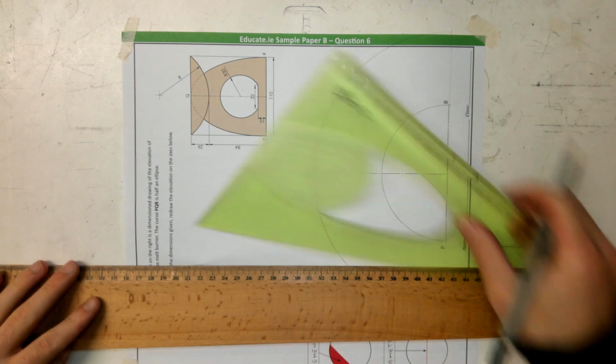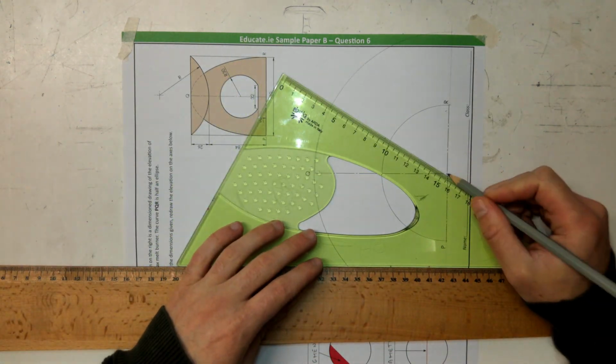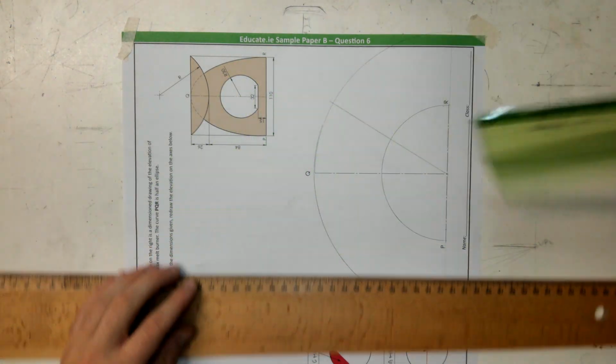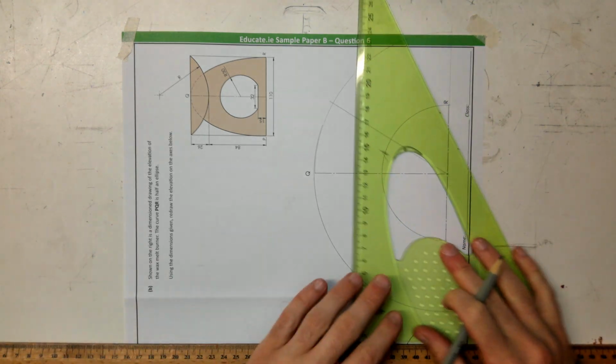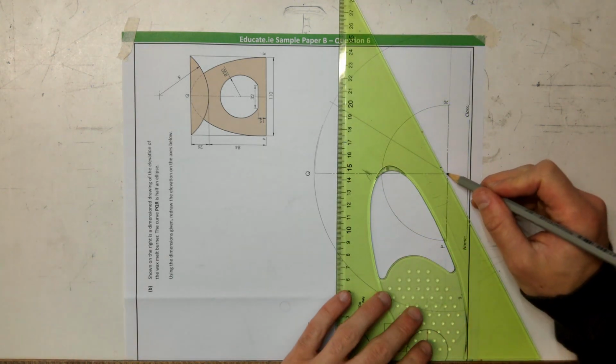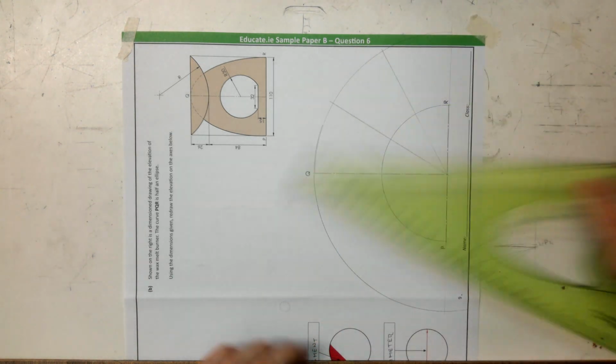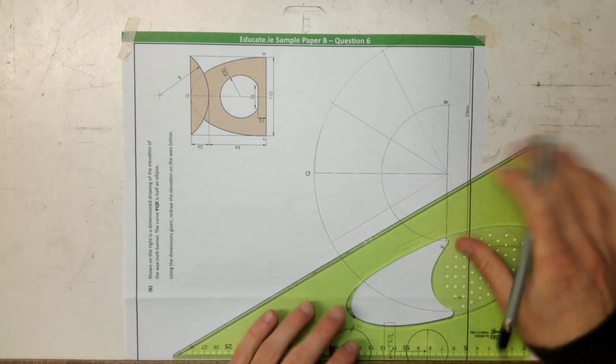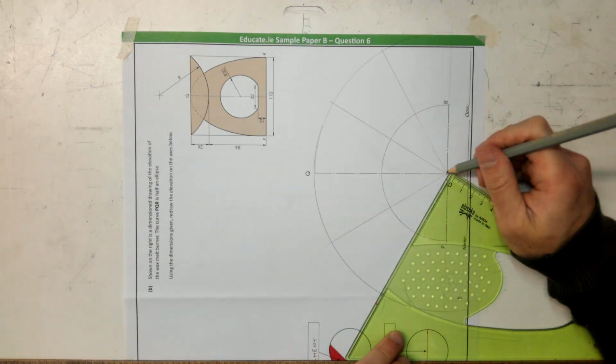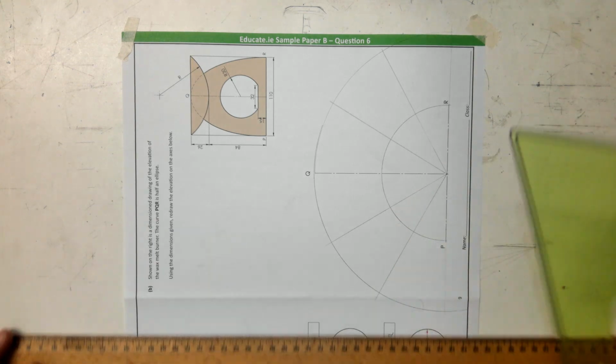Next thing, we divide up into 30/60. So 30 degrees there, 60 degrees there, and then 30 degrees down that way, and 60 down that way.